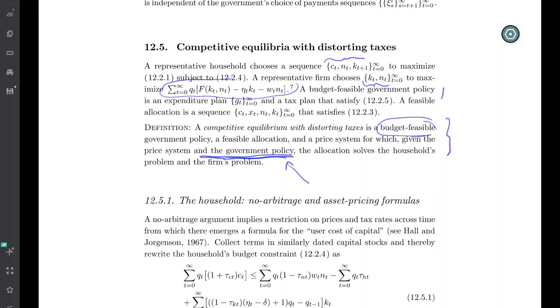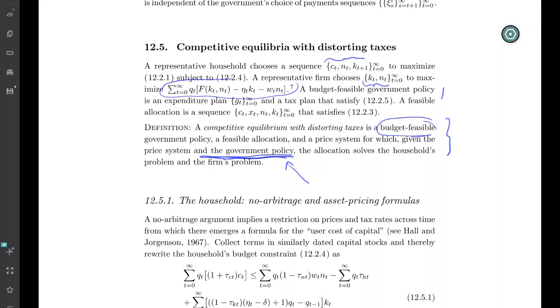So what do we want to do next? Well, as I announced in the beginning, we want to write down a set of equations. They're going to be nonlinear difference equations ultimately, whose solution is a competitive equilibrium with distorting taxes.